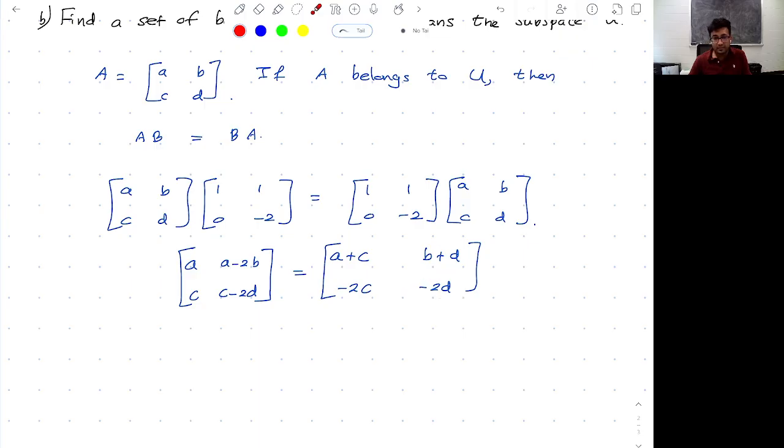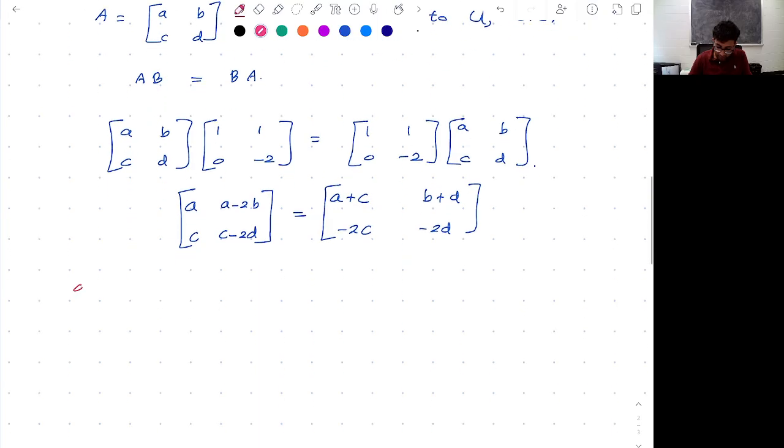Okay, since these two matrices are equal, I can equate each element. So what do I get? I get A equals A plus C. This gives me C equals 0. And I get A minus 2B is equal to B plus D by equating these two. So I get A minus 3B minus D equals 0.